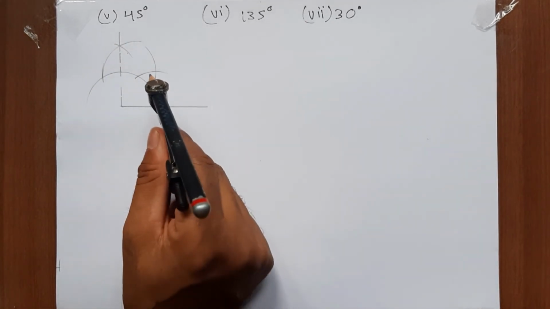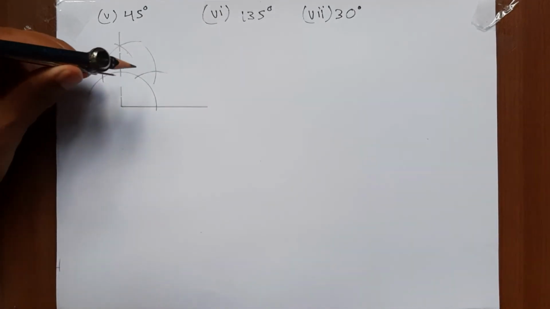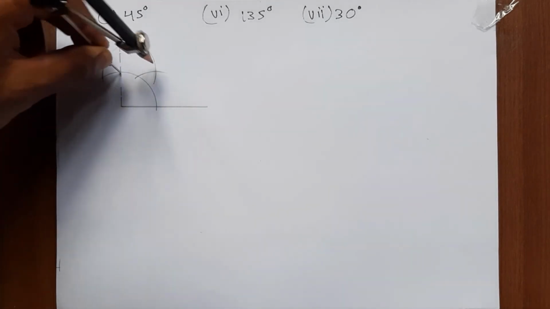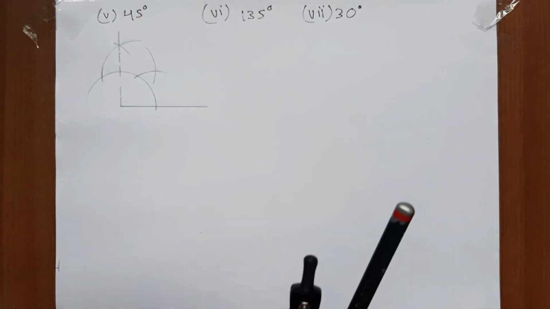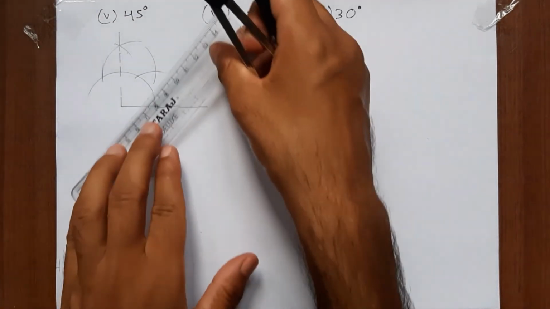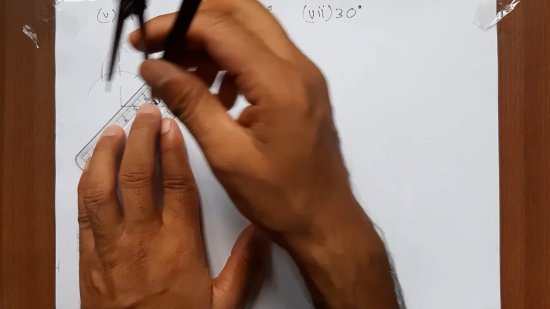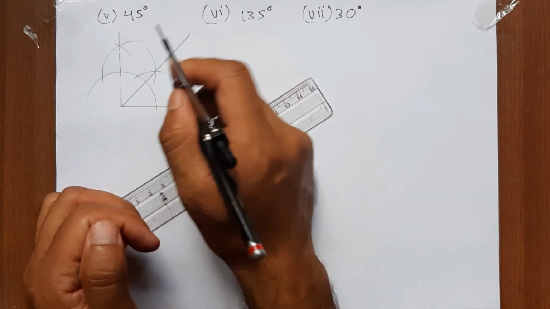To make the bisector, we put the pointer on 0, make an arc, then put it on 90 degrees and again make an arc. Then from the intersecting arcs we get the 45-degree angle.